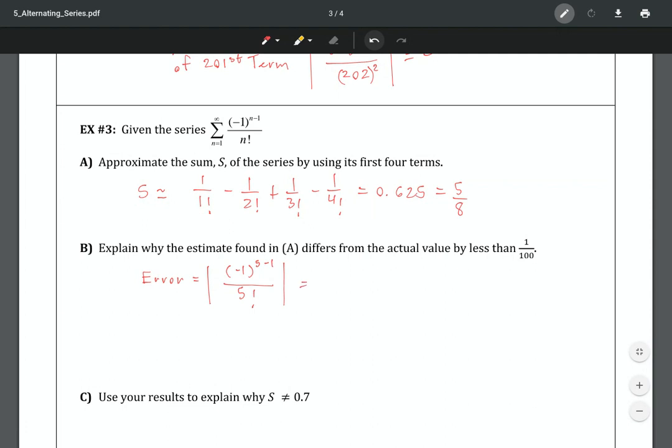That gives me 1 over 5 factorial, which is 1 over 120. If I put that in my calculator, it's 0.00833, which is less than this one right here, because this one is actually 0.01.